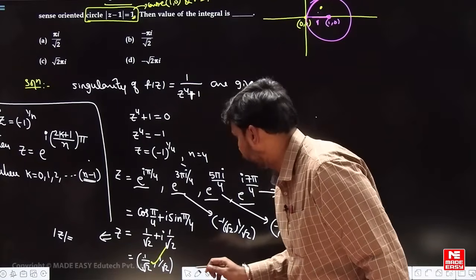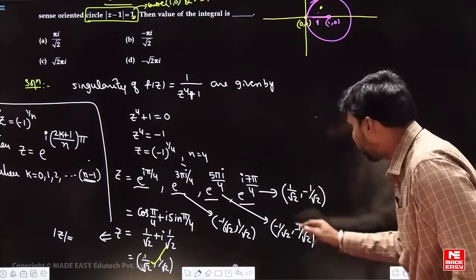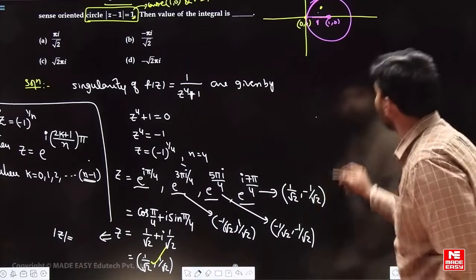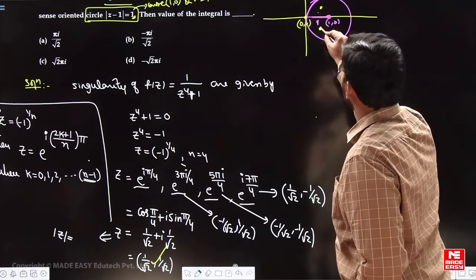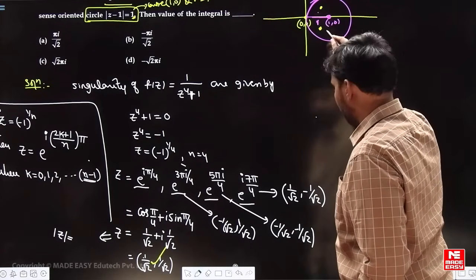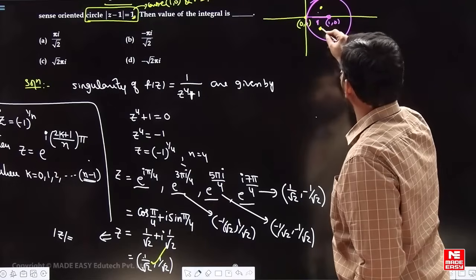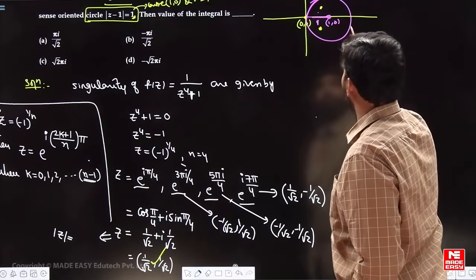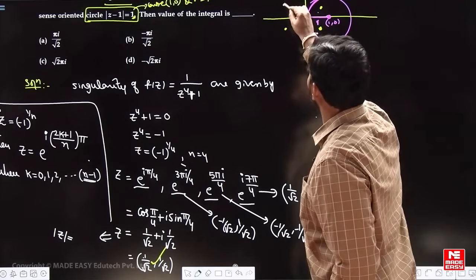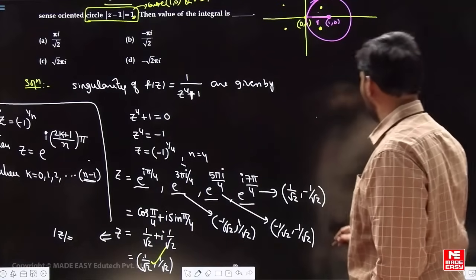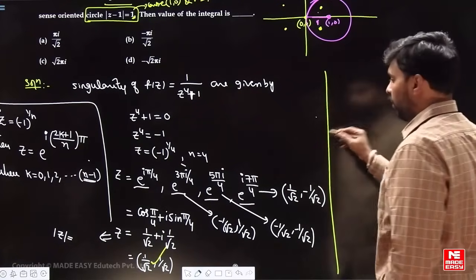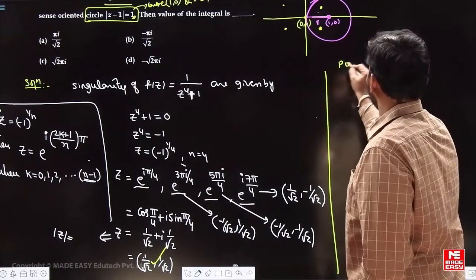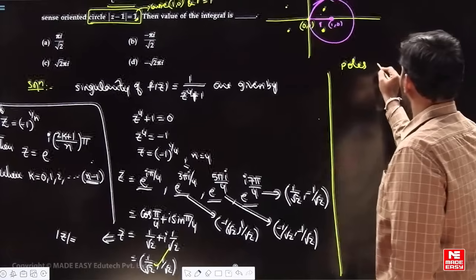And in the fourth quadrant, 1 by root 2 comma minus 1 by root 2 is the reflection. So you can say this one and this one are inside, and the remaining two are outside here, right?